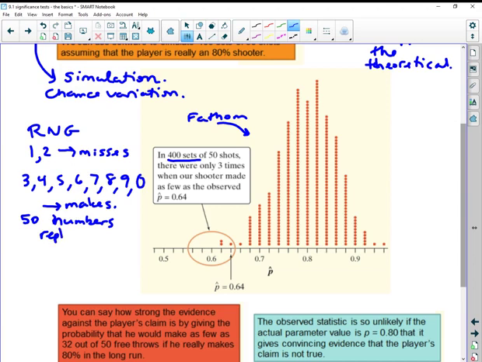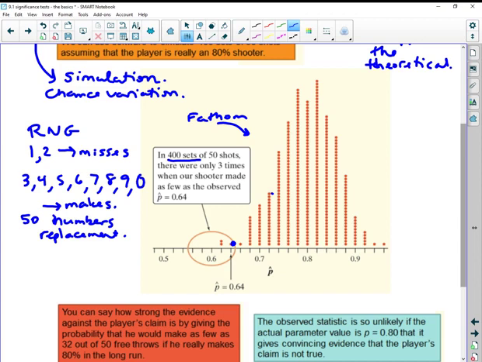Every single time we're going to see those numbers, and I'm going to count how many baskets he makes. So if he makes 32 out of 50, then boom, I put that dot right on the graph. And then on the next simulation, I might get a different dot, and I keep doing this.